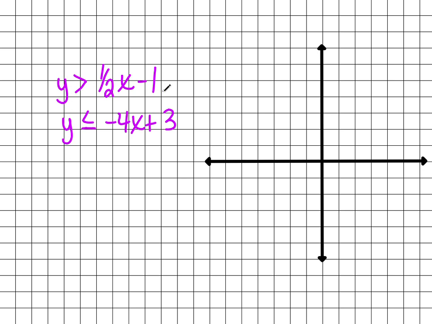So I would graph these just like I would graph one linear inequality. I would start at the b at negative 1, and then I would use my slope to get additional points. So up 1, right 2, up 1, right 2, down 1, left 2, down 1, left 2. I would look at the symbol.